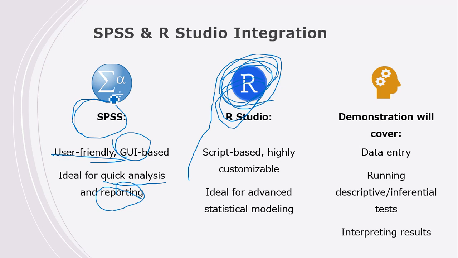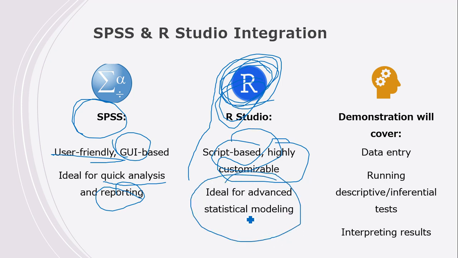Previously, I learned how to use data, and then I diverted to SPSS, and now I use R. Why? This is script-based, so you need to know coding here. It's highly customizable, and that's the reason I use it. And now, with the introduction of artificial intelligence, you can do almost anything, even when you don't know anything. That's R Studio. And it's ideal for advanced statistical modeling.